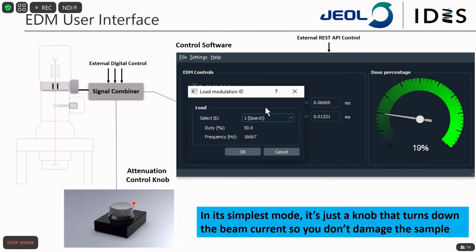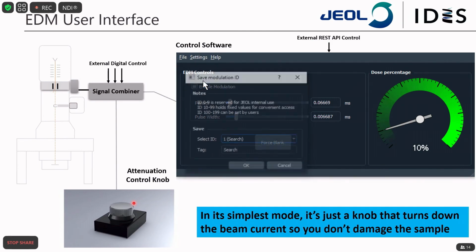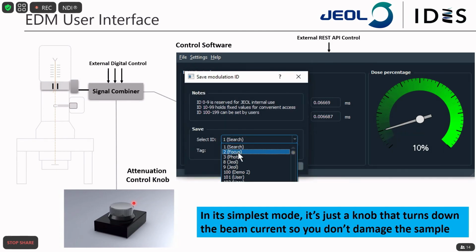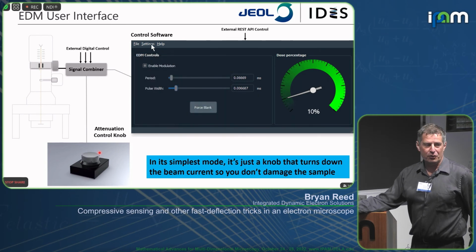And for people that don't do STEM, just the ability to adjust the beam current up and down without changing anything else is like, oh my God, please. It's a surprisingly basic capability that's actually very, very hard to do normally.